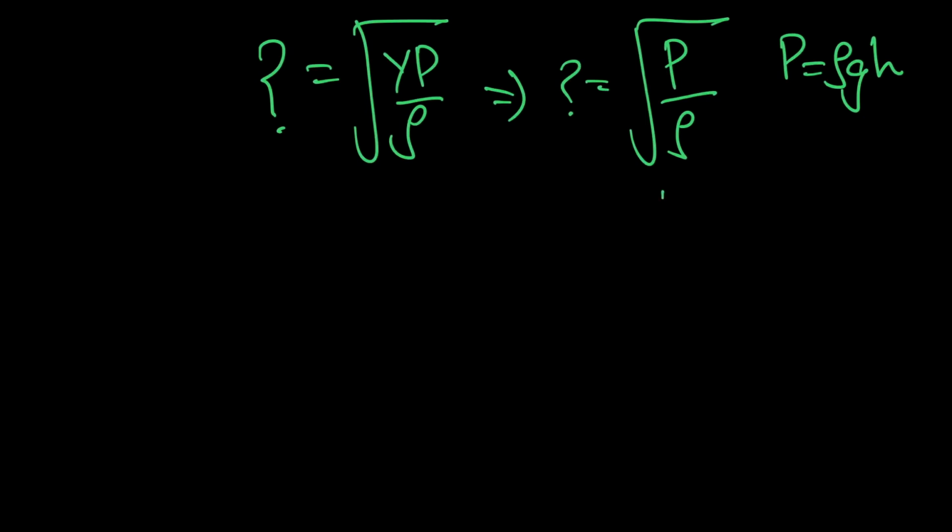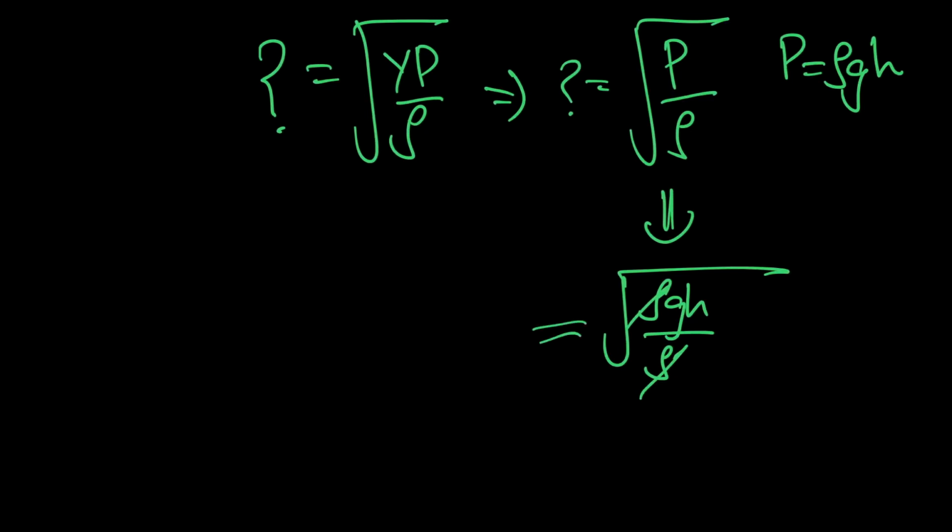If you substitute that over here, you will get under root rho gh over rho. Bhai, logically, if everything is right, you will always get the right answer. So never ever compromise on the logic. Density and density will get cancelled. So you are left with under root gh.